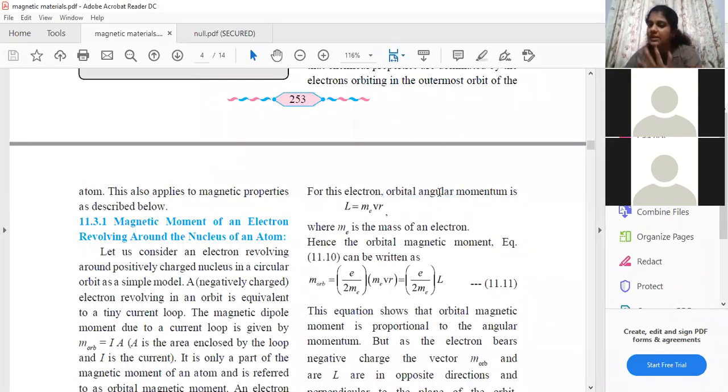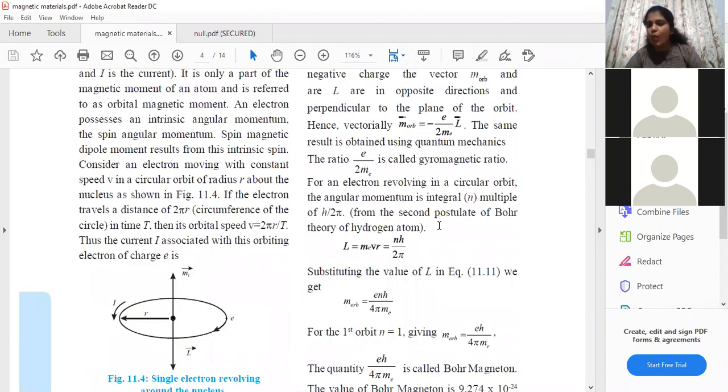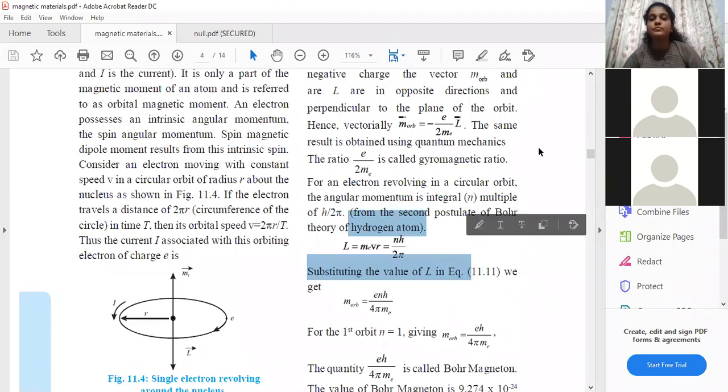Now your orbital angular momentum is the same as your normal angular momentum, which is I into omega, but we won't be writing that exact formula, students. We will be using Bohr's postulate. You all must have seen this somewhere in your life till now. So this Bohr's second postulate is there, no?